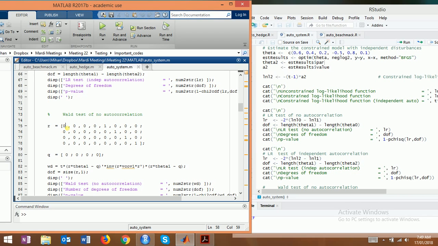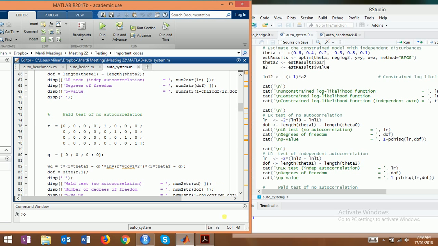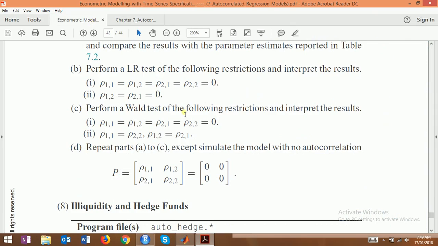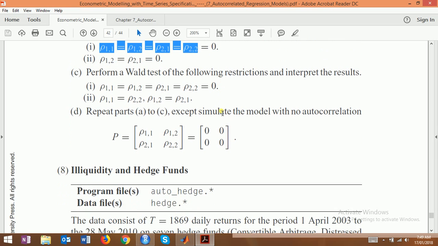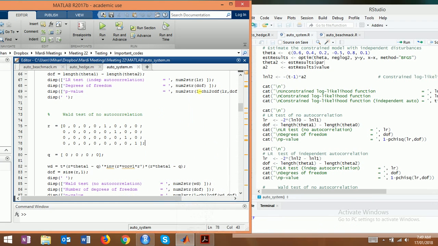So first we have the 4 parameters for the Wald test. How many are we testing? That is the question. Let me check. Okay, see, we have 4 parameters from LR1, LR2, alphas, betas, all are 4.